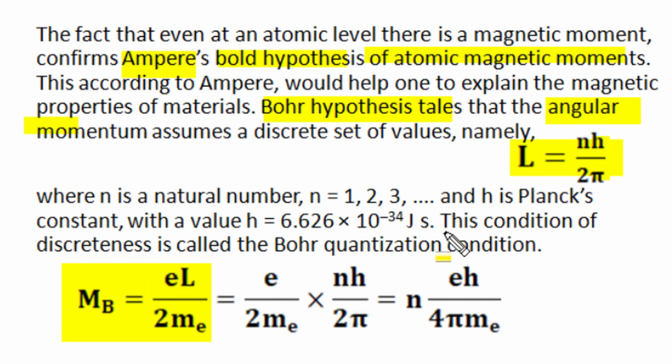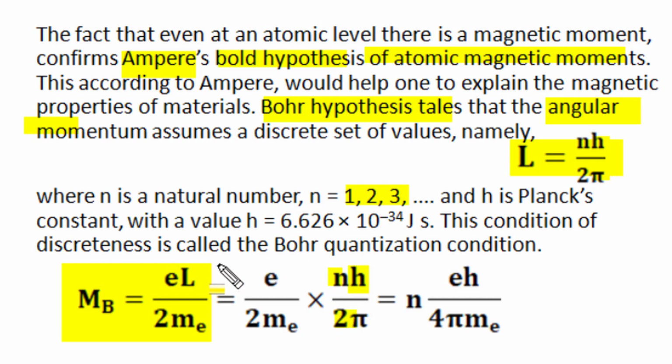Angular momentum of the orbital electron is an integer multiple of h upon 2 pi, where h is Planck's constant, a constant used by Max Planck to explain energy of a photon in radiation, and this n is an integer natural number 1, 2, 3, etc., indicating the number of the Bohr orbit, and later on this became our principal quantum number.